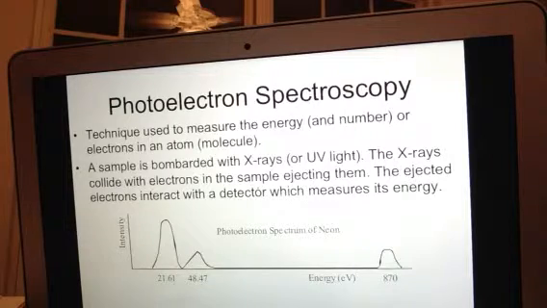This photoelectron spectroscopy technique is really measuring binding energy, B-I-N-D-I-N-G, binding energy. And that is the energy required to disassemble a whole into its components, or taking the big picture and breaking it down into all of its parts or its pieces.